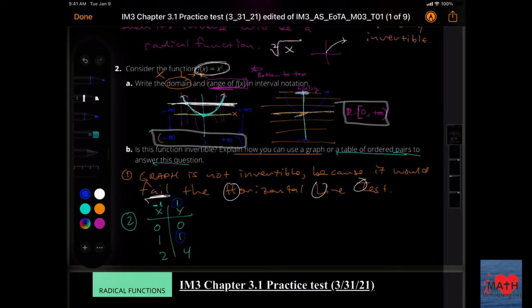So if you notice, you'll have different x values. Do you see these right there? Oh, sorry, -1 and a +1.